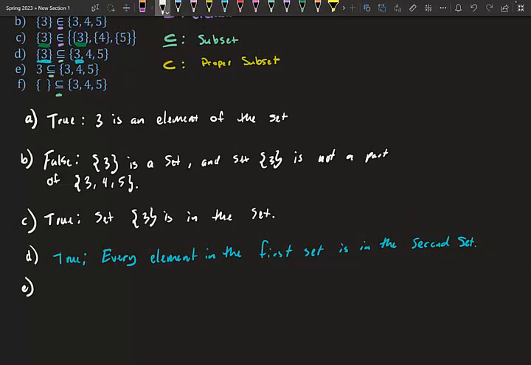All right, E. Is 3 a part of 3, 4, 5, meaning a subset? Now, subsets have to be sets. Every element in the first set needs to be in the second set. That's not a set. E, that's not a set. So that's false.